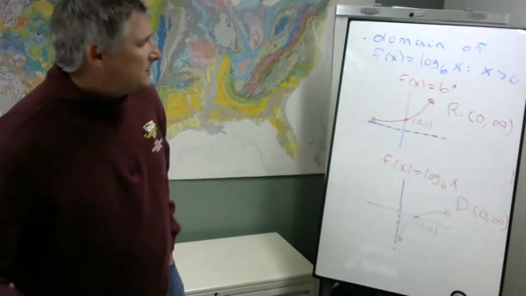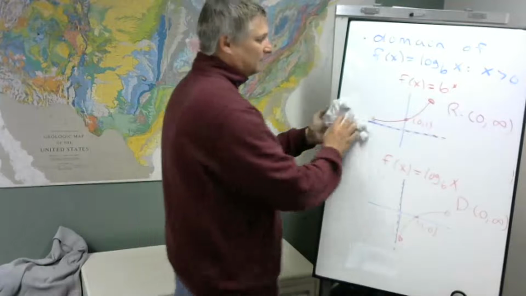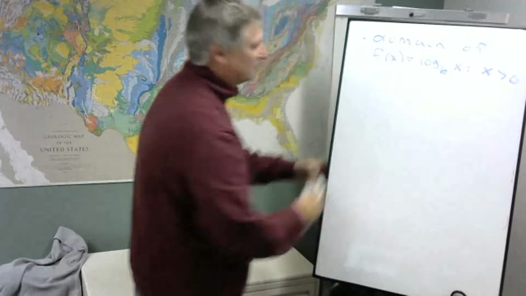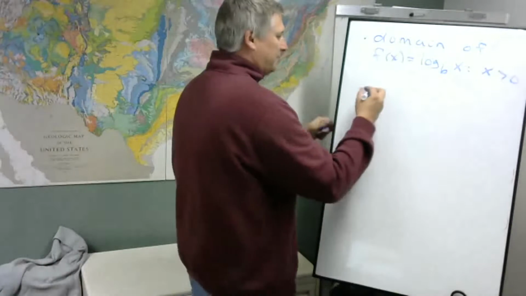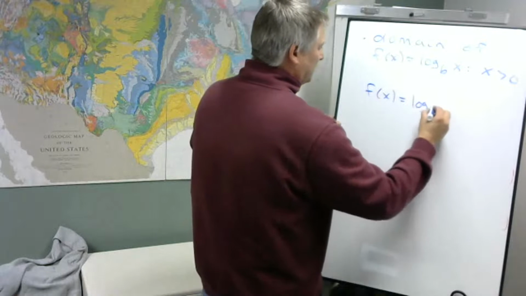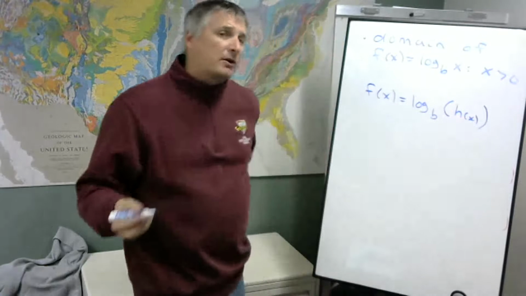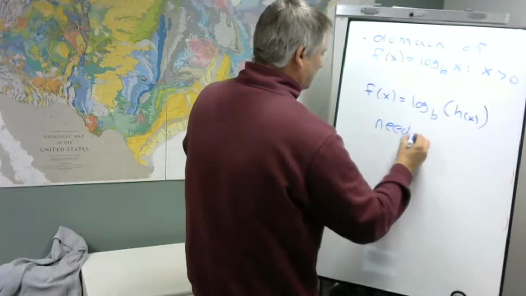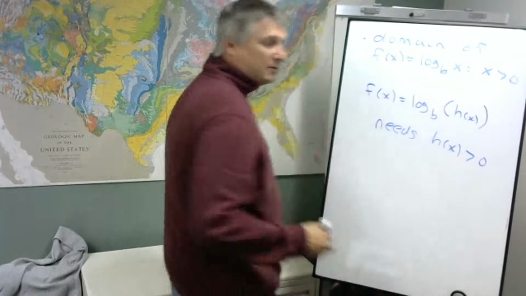So what this means is whatever we put in here, it also has to be greater than 0. So if we have f of x equals log base b of h of x, say we're taking logarithm of h of x, we're going to need h of x greater than 0.